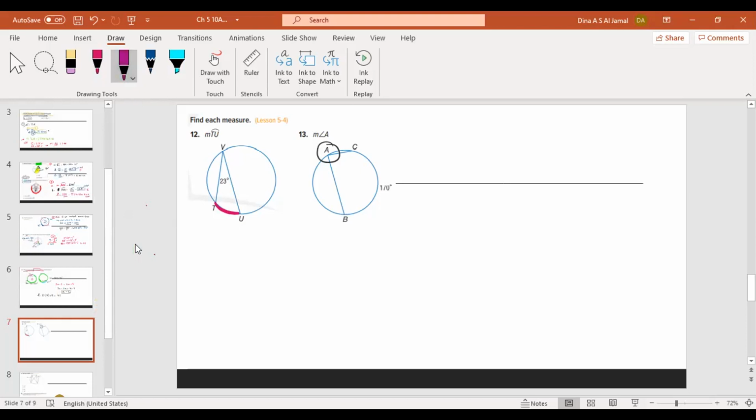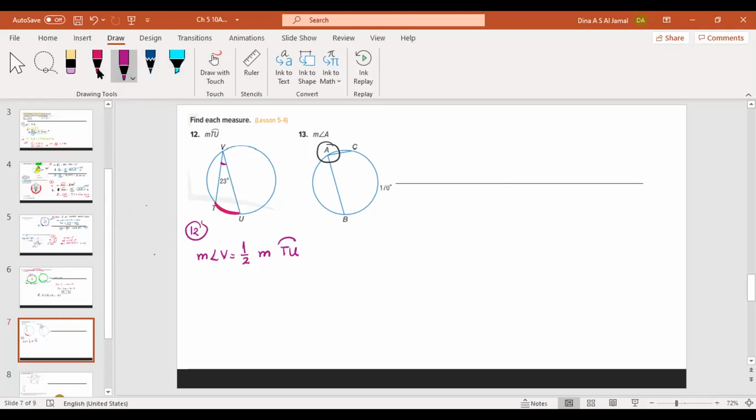So any inscribed angle, which is for example angle V, will be half the measurement of the intercepted arc. Now let's look at question 12.